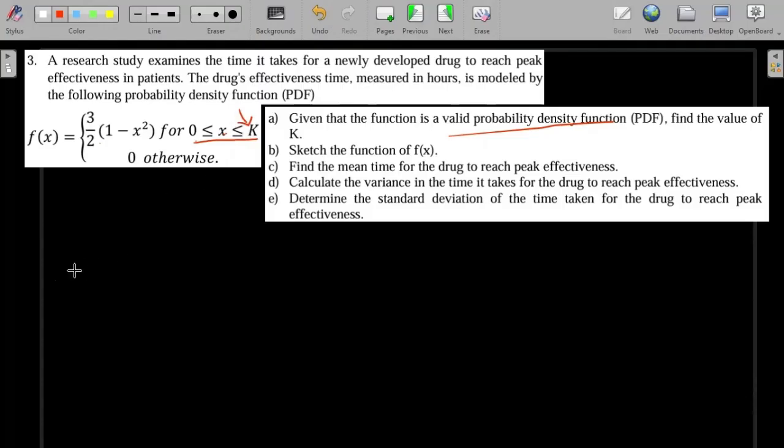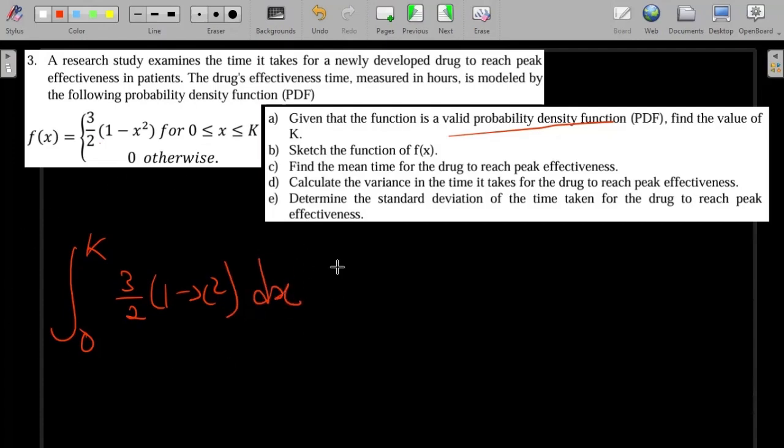We know that if something is a valid PDF, then the integral over the given interval, which is 0 to k, of f of x, which is given by 3/2 (1 minus x squared) dx, should give us 1. They have told us that it's a valid PDF, so we're going to use that fact to help us find the value of k.